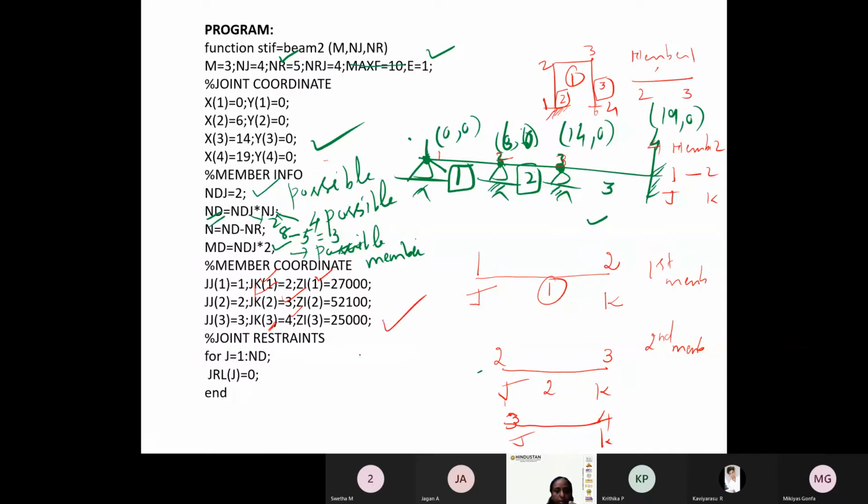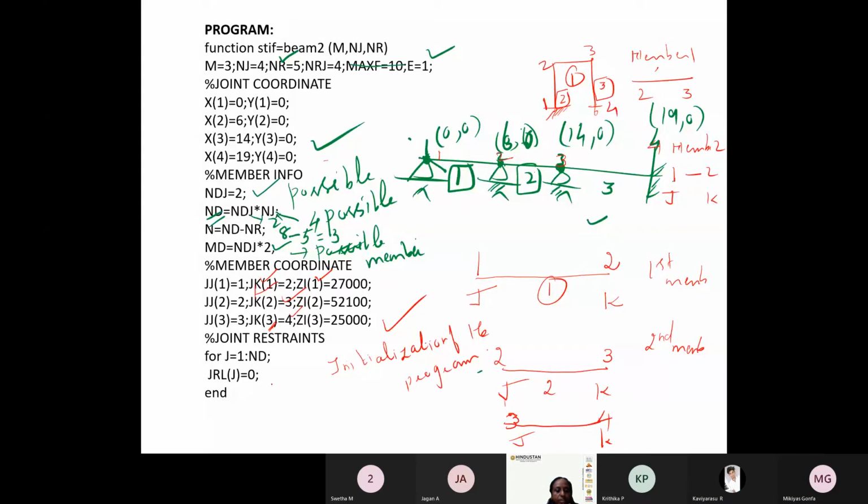Up to this one only, I explained yesterday. So today we will start with the joint restraints. In the computer program, initially we should know a term called initialization of the program.